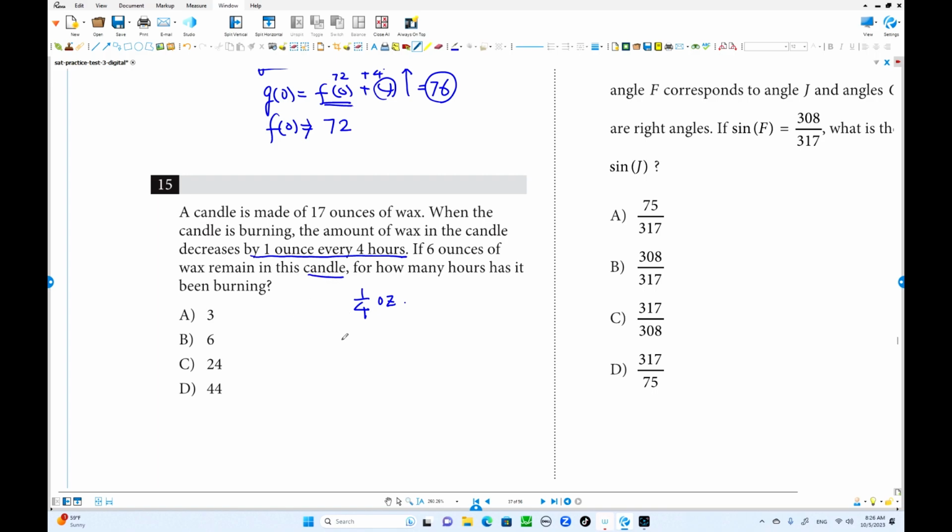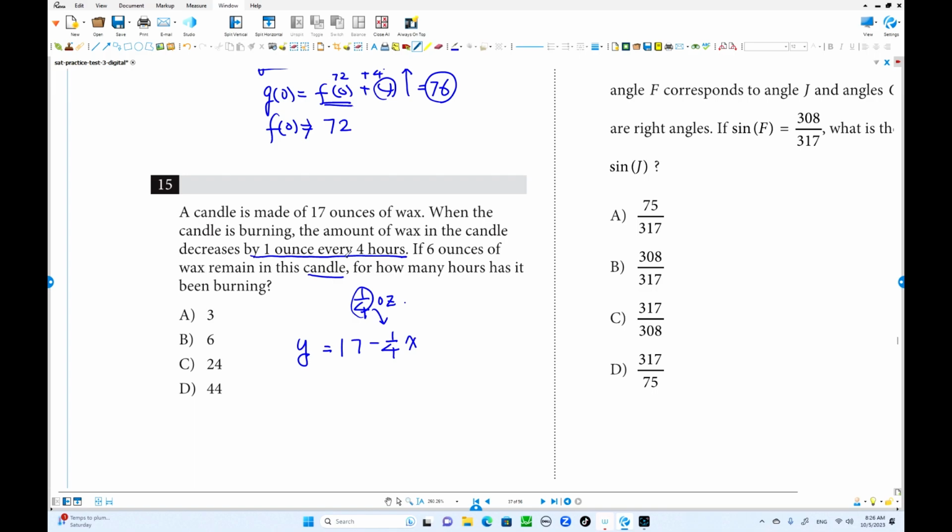So actually you can use this: 17 minus 1/4 times x over here. Okay, because this is the rate, it's a slope, right? That equals the wax remaining in the candle. You can use these equations.